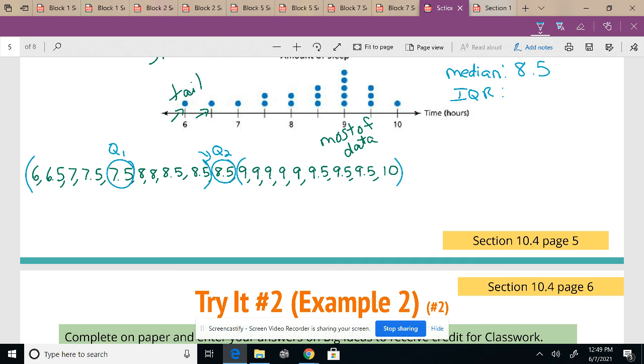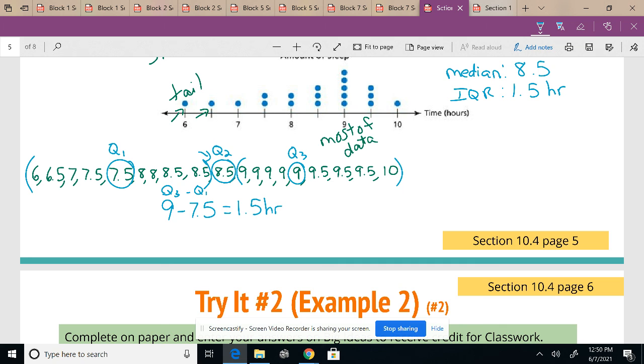And then you end up being here. That's your quartile 3. All right. So now I'm going to take my 9 and subtract 7.5, because you do quartile 3 minus quartile 1, and you get 1.5 hours. So we're going to say 1.5 hours.